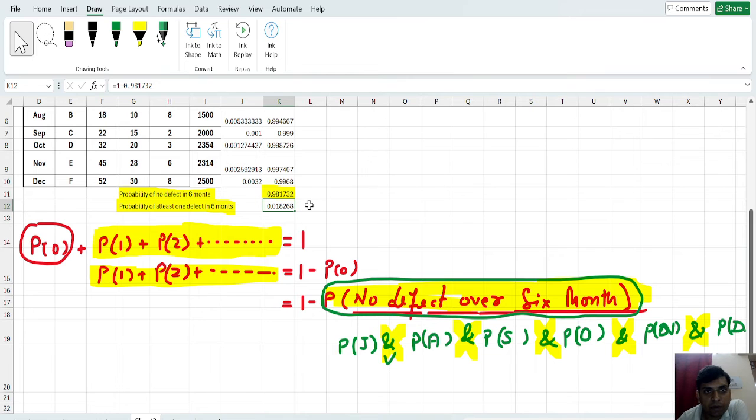And you can write this probability in terms of percentage also. So this becomes 1.82 something. So this is in terms of percentage. So now we will see the answer.